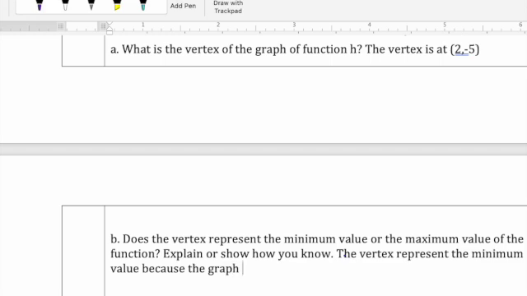Or the function is positive. Or, right, your A is greater than 0. I think actually that would be the best one. Because A is greater than 0.